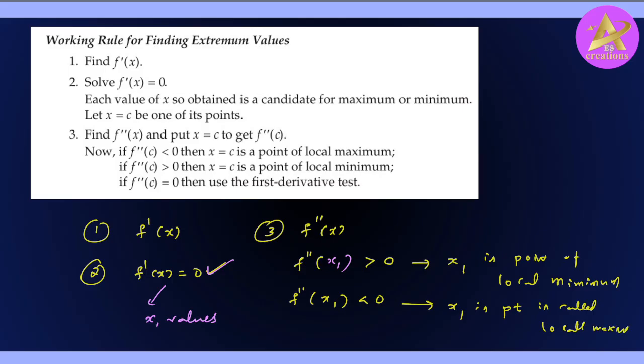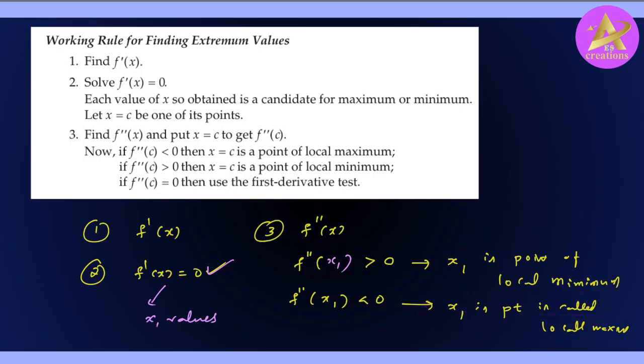You may get different values, x1, x2 or some other values. If this condition is satisfied, this point is called local minima. If this condition is satisfied, then the x1 point is called local maxima.